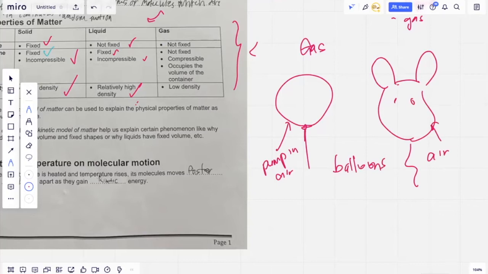In whichever shape the balloon is, the air will just take the shape of the balloon, thus giving you balloons of all different shapes and sizes and variety. So that one will tell you that the shape is not fixed.